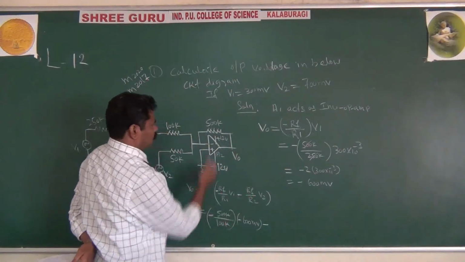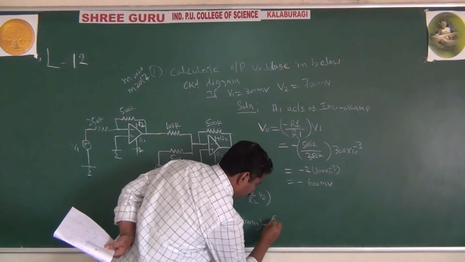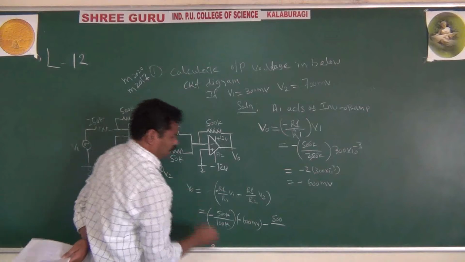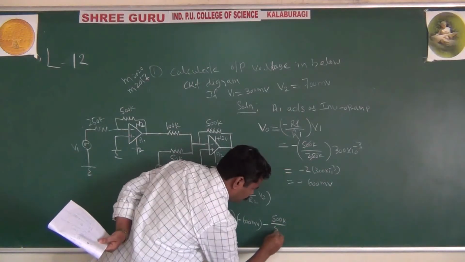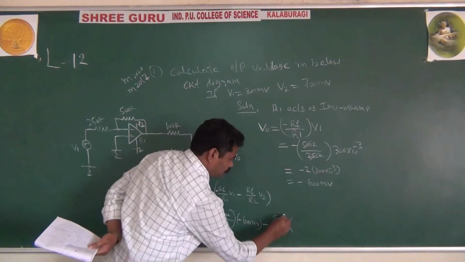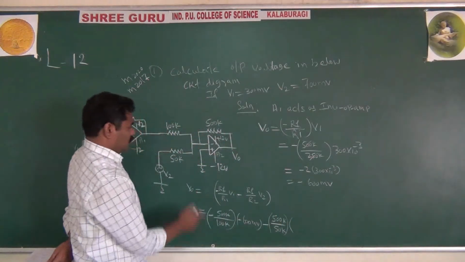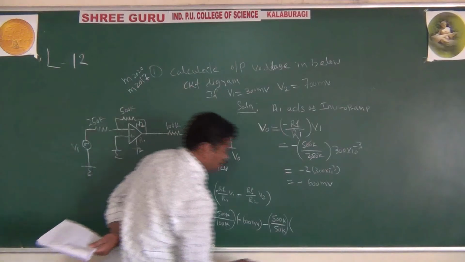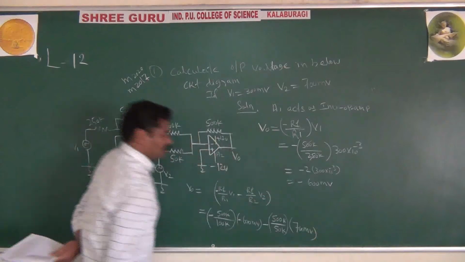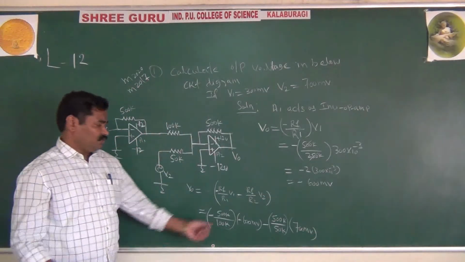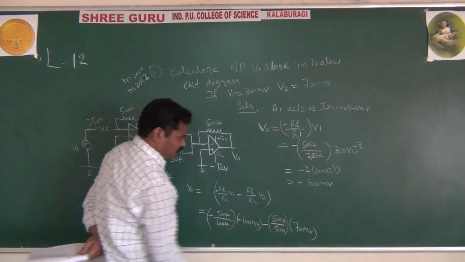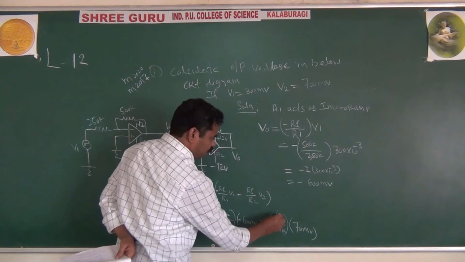Here also RF by R2 is 500 by 50K, into V2, which is 700 millivolts. Very simple. We can simplify: 500 by 100 is 5, and 500 by 50 is 10.